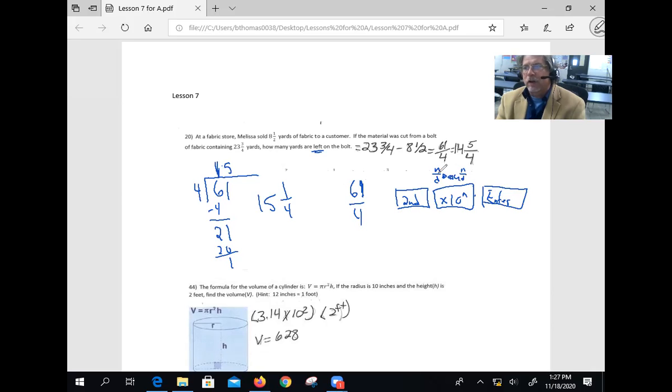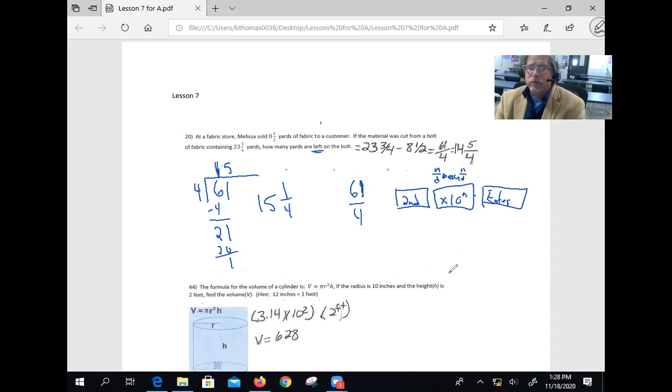That actually changes a fraction into a mixed number if it's an improper fraction. And remember, improper means the numerator is bigger than the denominator. That means it's more than 1. So that's the way we can do it on a calculator: the second button, hit the times 10 to the n key, and then hit enter, and it should change it into this 15 and 1/4 for you. So that's an advantage of a calculator.